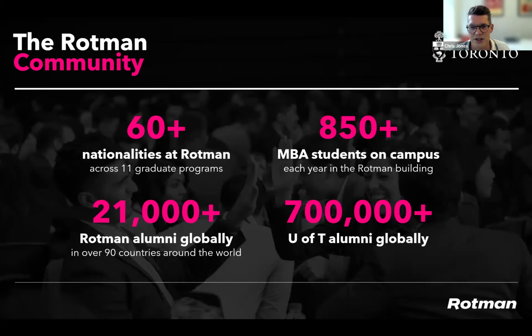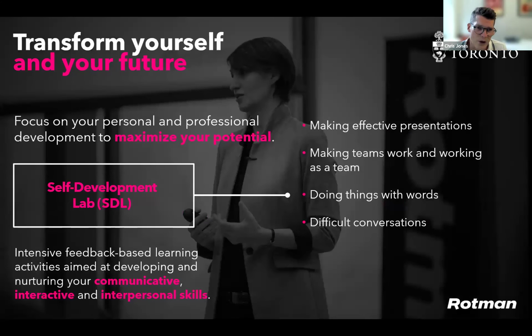So obviously this gives you a sense of our broader Rotman community. Going to go through these slides quite quickly at this stage. One of the things I think is really key that people sometimes lose sight of when they're picking an MBA is understanding that an MBA is pretty much what I would call a leadership development program. There are obviously the academic courses that you take, which have high value.